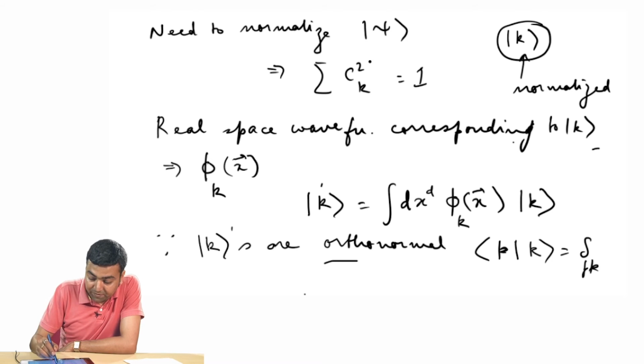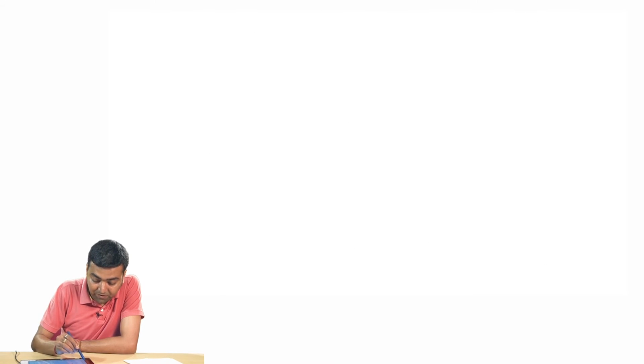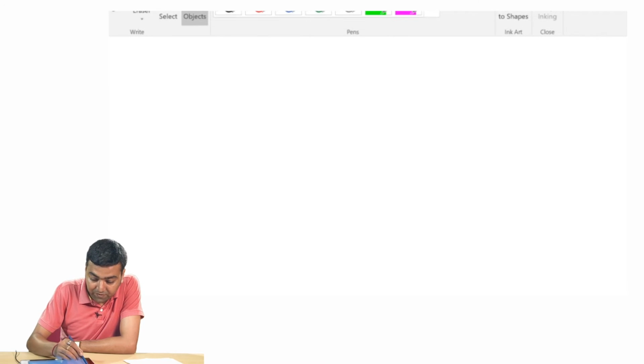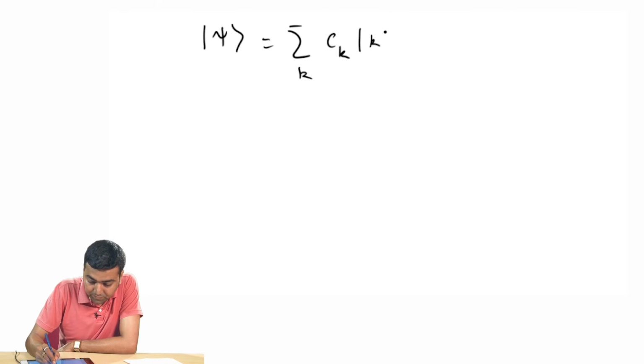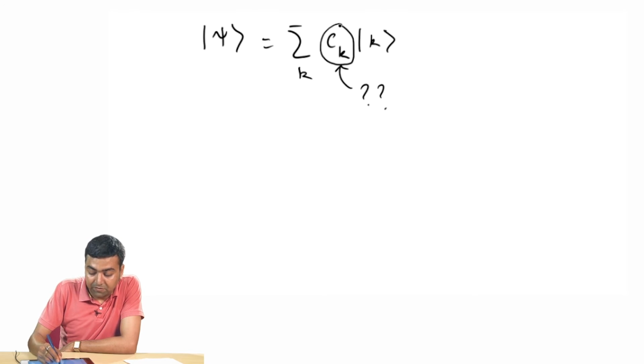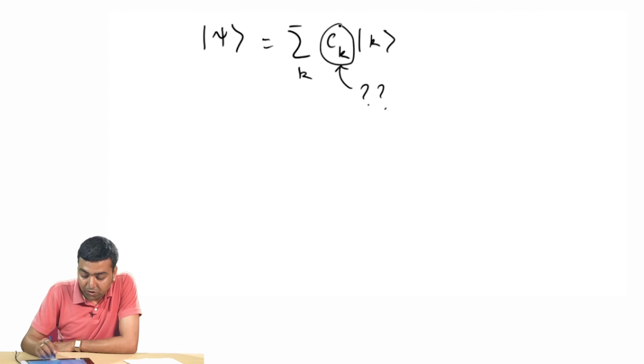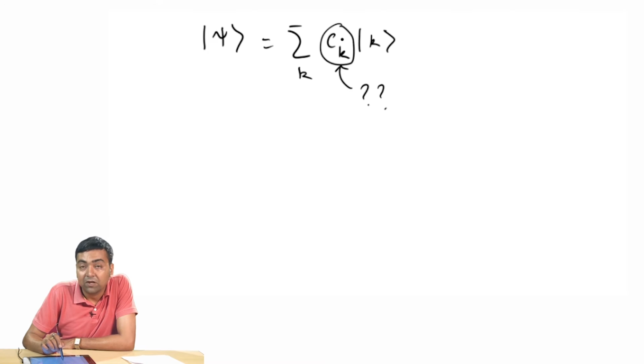Now, if you remember, my unknowns are my c_k. Just for recapitulation, what we are trying to do is write psi as a sum over k of c_k |k>, and we want to find what these c_k's are. As in one of our early examples where we were finding the coefficients, to find these unknowns we need to project on the basis set.